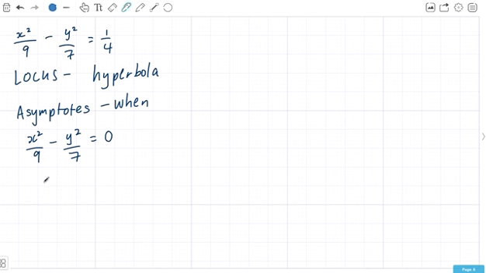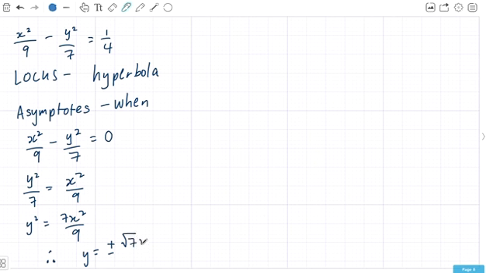And you'll find there that if you do your workings, so it's a lot of revision here, you've got that, therefore y equals plus or minus square root of 7x over 9 are the two asymptotes. And we're looking at no translations here as well, so the centre of this hyperbola would actually be at the origin.